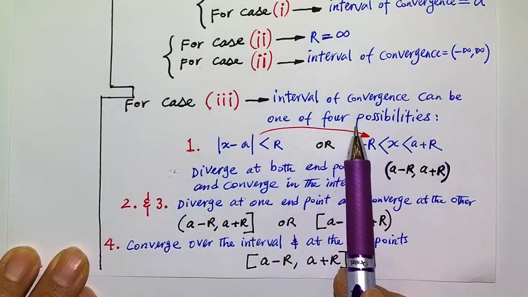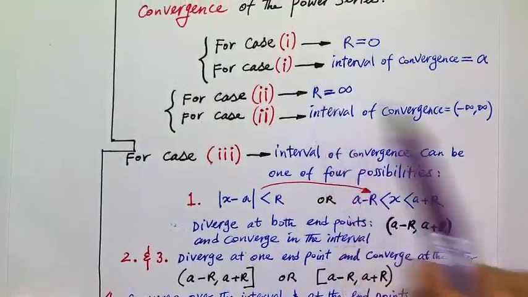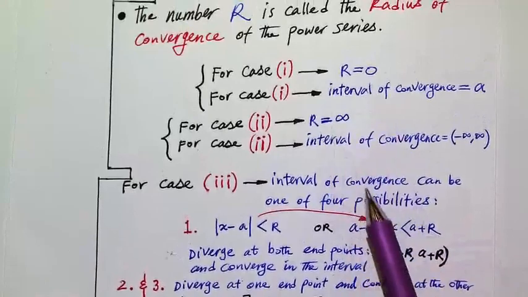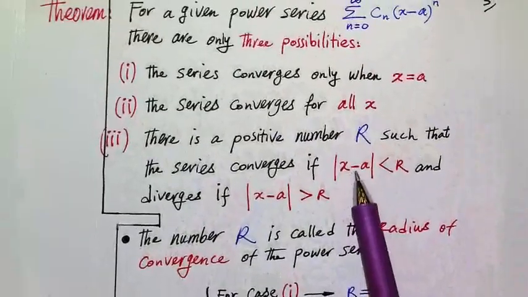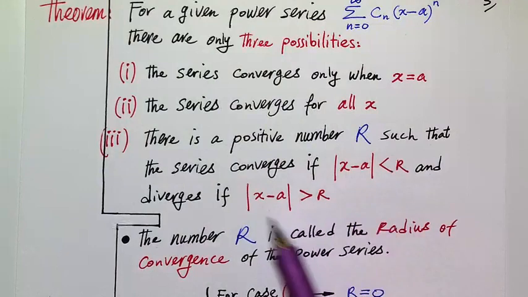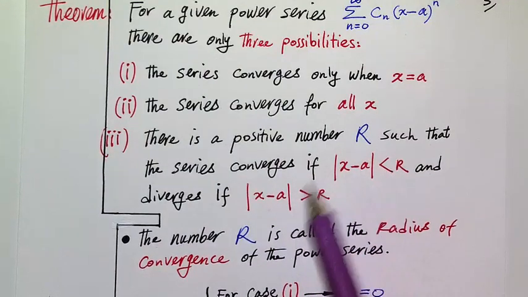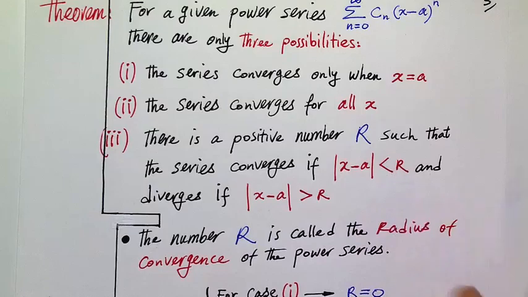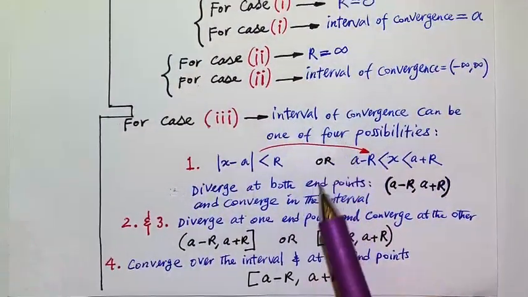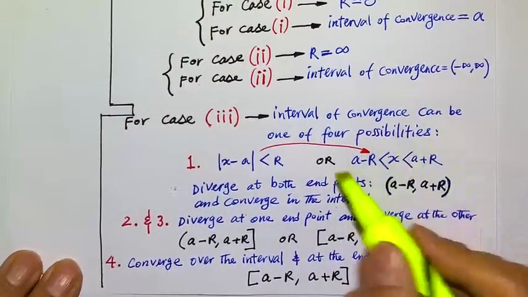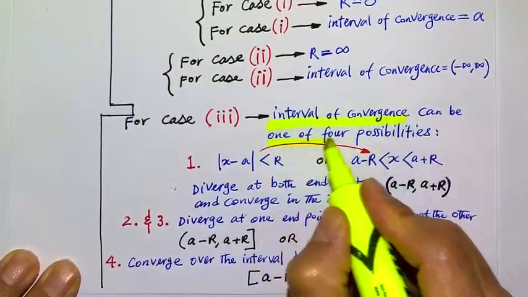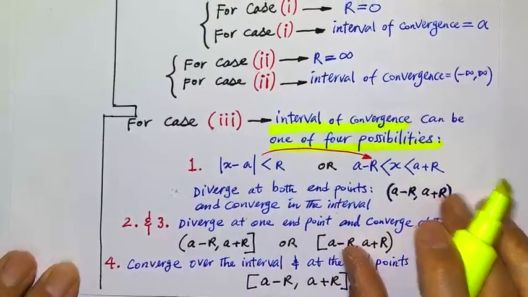Notice that the r, we will have to calculate, and there's just one way to calculate that, which is that. So we will figure out the r based on this calculation of this absolute value. But it's the interval of convergence that has 4 possibilities. It's this piece that has one of 4 possibilities. Okay?